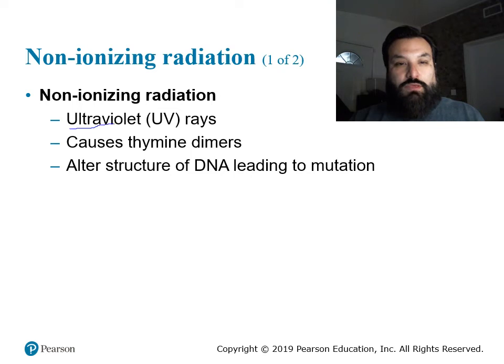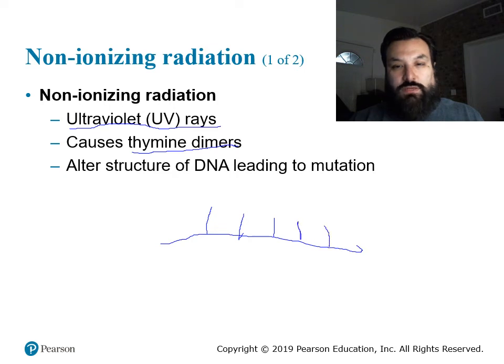Non-ionizing radiation would be like UV light, right? UV light, in fact, causes thymine dimers in the genetic material. So when you have, for example, a long strand of DNA, and let's say we've opened just one side of the DNA strand here, and on this end we have an A, let's say, for example, a G, a T, a T, let's say another A, just in our example.